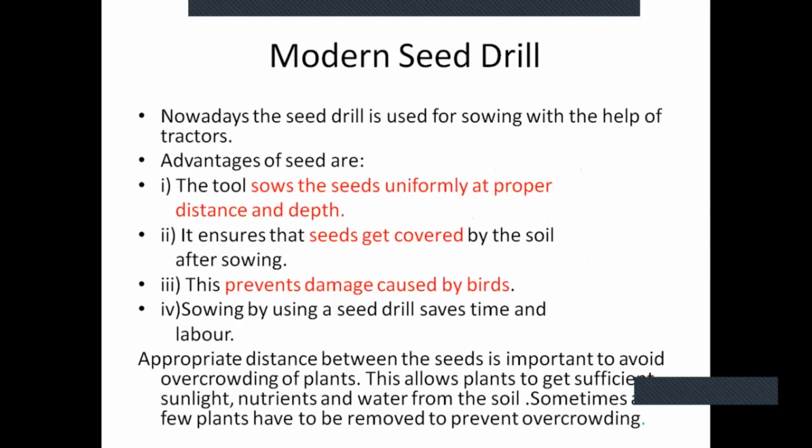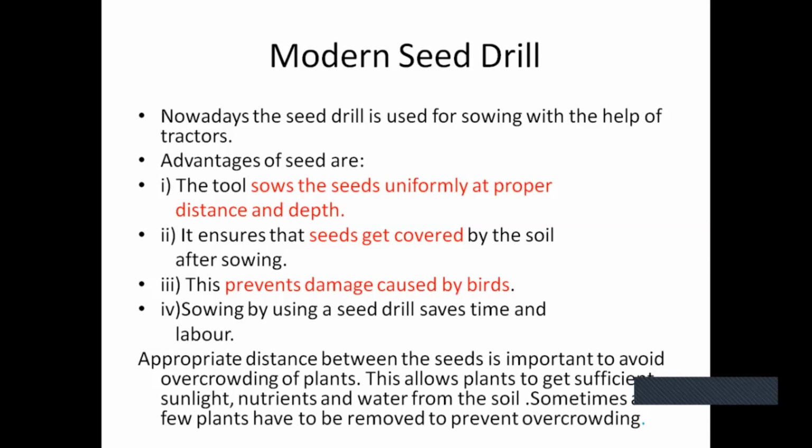Okay, now let's go to the next part, that is the modern seed drill. Now, what is a modern seed drill? As I told you, a traditional seed drill was there, which is made of wood. But nowadays the farmer uses a modern seed drill, whose picture I just shared with you before, right? It is made of iron.